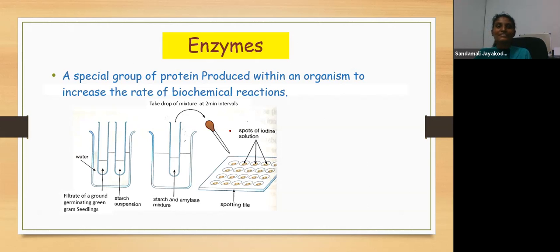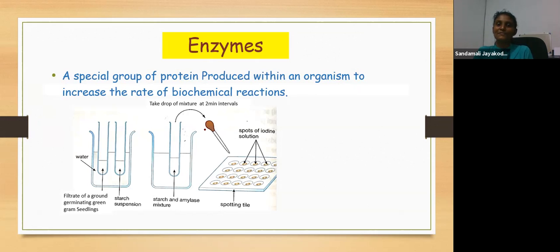But all the things are happening nicely in our body. When we eat a piece of bread, it's nicely digested: starch into maltose and then into 2 glucose molecules. But if we want to do it in a laboratory, we have to heat it and add some acids and different chemicals to break down these things.